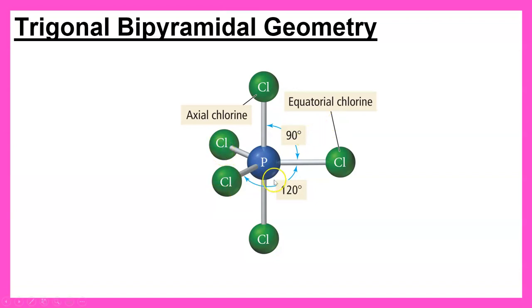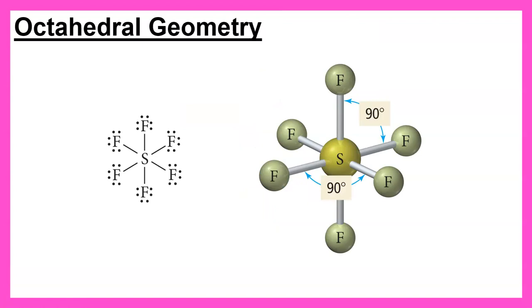3 of the atoms will take what we call an equatorial position. They'll make a flat triangle in the middle. And we'll have an atom on top and bottom, which are called axial. If you add one more atom, you get what's called octahedral, where you have this flat square in the middle, this planar square shape here, equatorial, and then you have axial and axial.